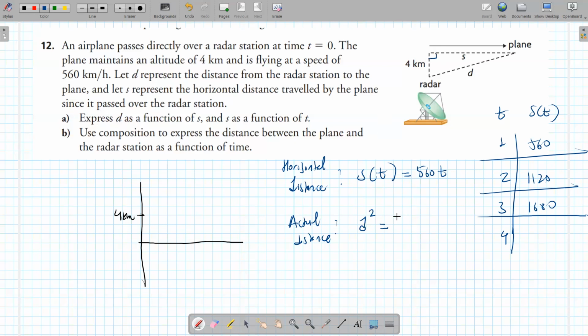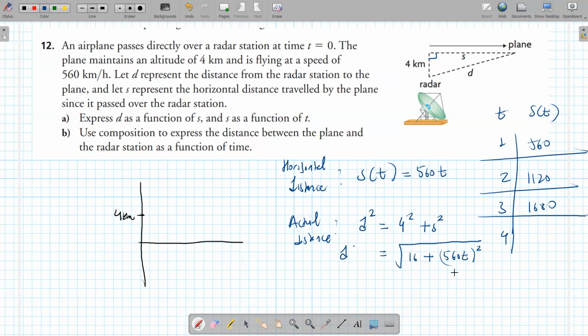4 squared plus s squared. We can write this as D equals the square root of 16 plus, and s is 560t. So there you go.